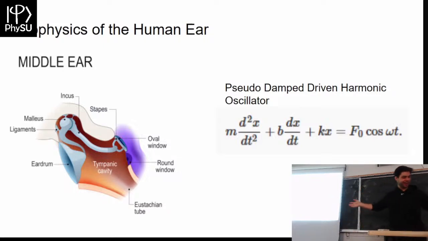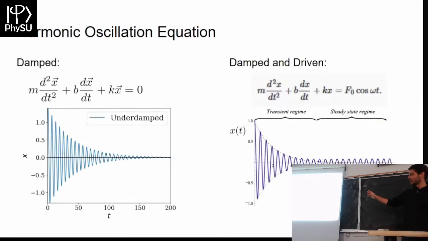I'd like to momentarily talk about the harmonic oscillator equations. Here we have the damped and driven. In this case, we'd be considering an underdamped harmonic oscillator equation, because it continues to oscillate after the sound has already hit it, right? An overdamped one would just end before any oscillation, same with a critically damped one.